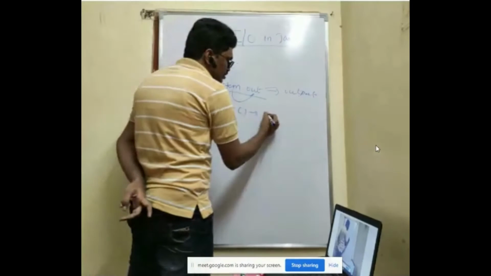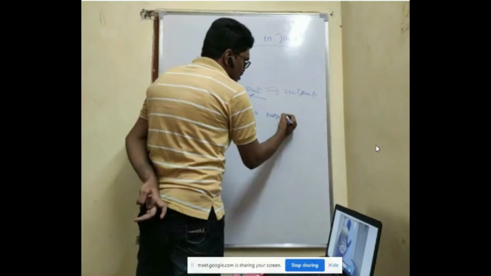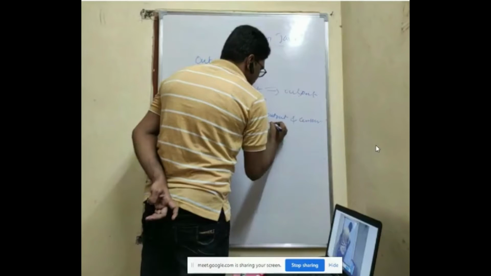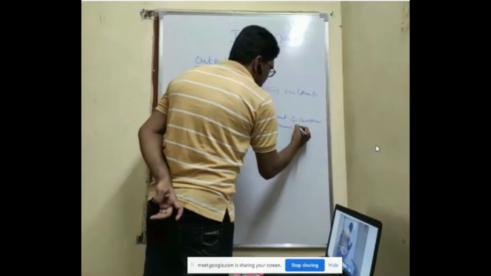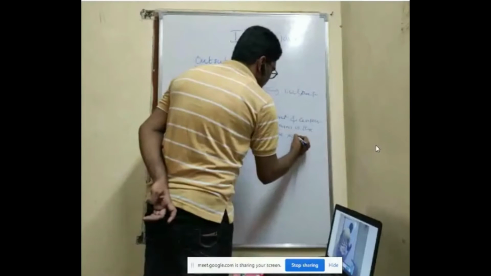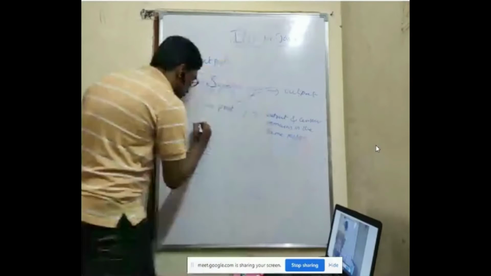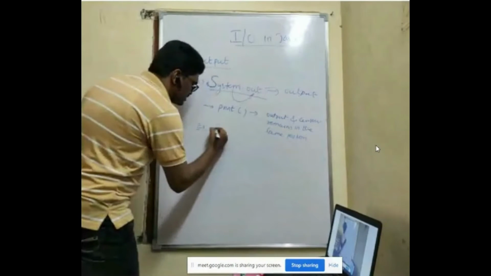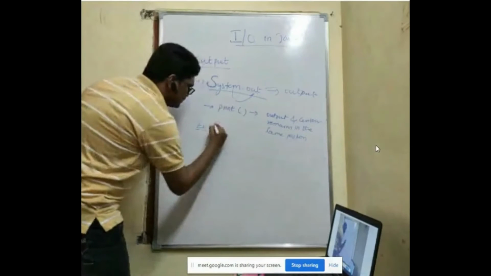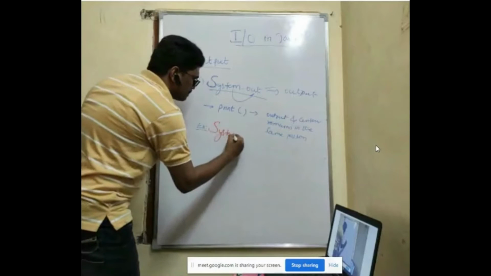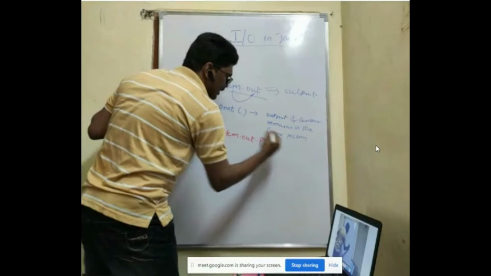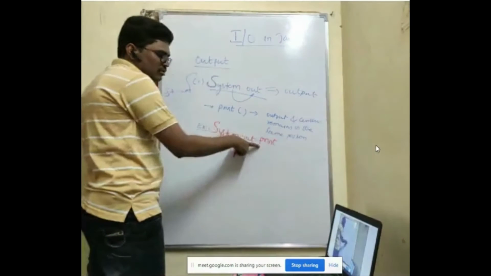Print is used to display the output, and the cursor remains in the same position. How to use it? System.out.print. This is the way I have to use it.